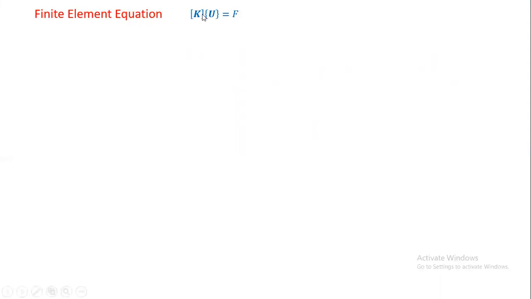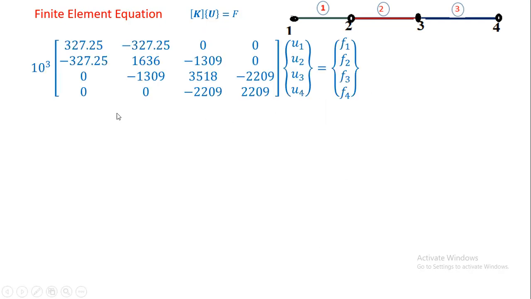Now you put the matrix k, and u is the displacement matrix of nodes, that is u1, u2, u3, u4, and f is the force matrix f1, f2, f3, f4. Now you will get this: u1, u2, u3, u4, f1, f2, f3, f4. This matrix is the finite element equation. It is a global stiffness matrix, and these are the nodal displacements, and these are the nodal forces.